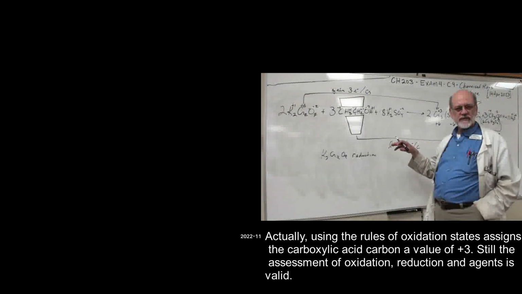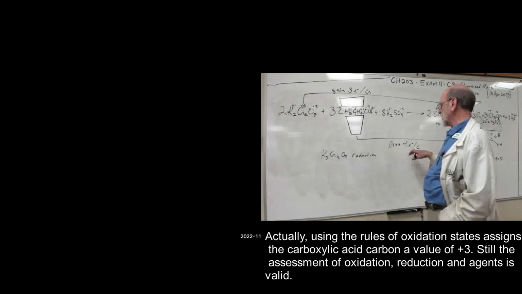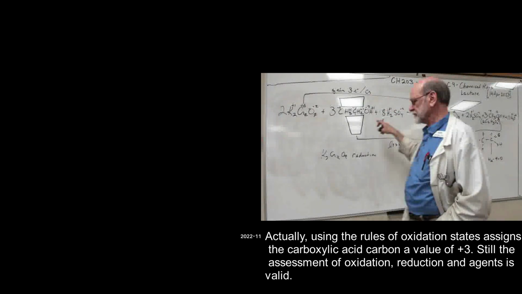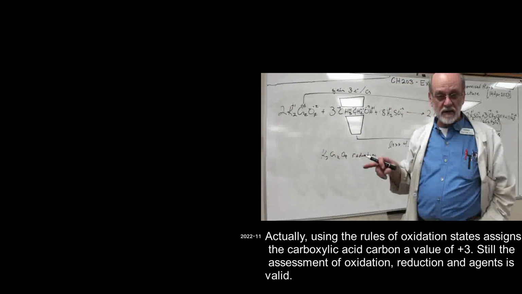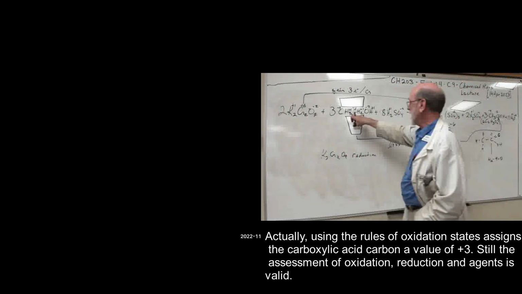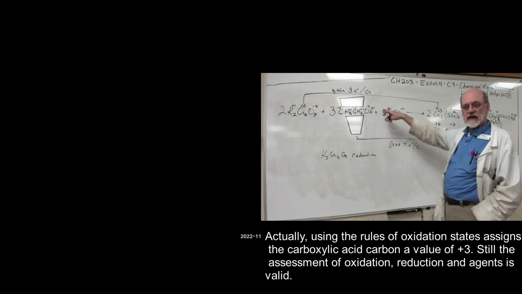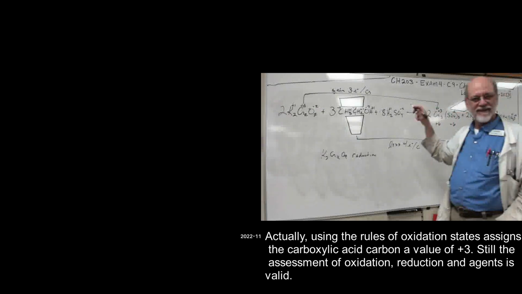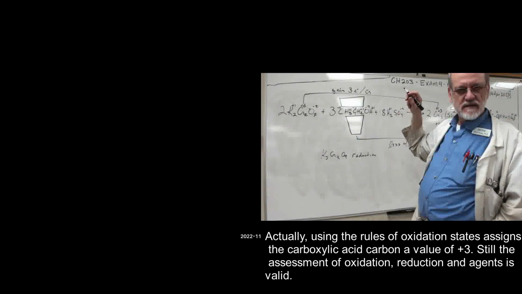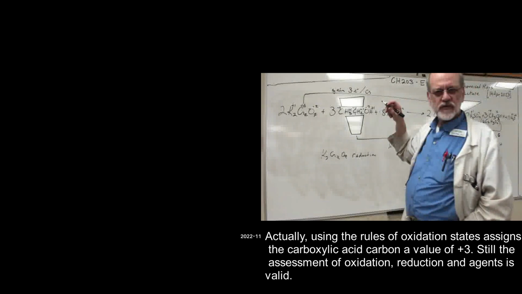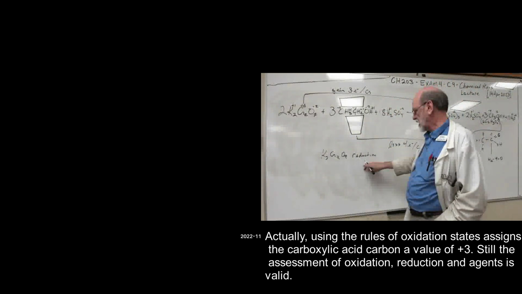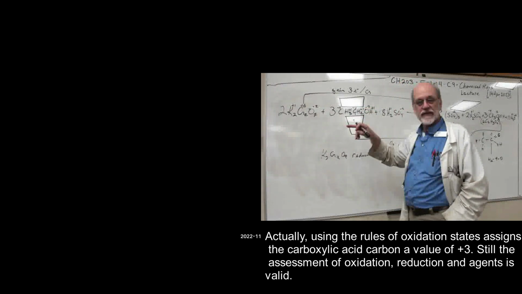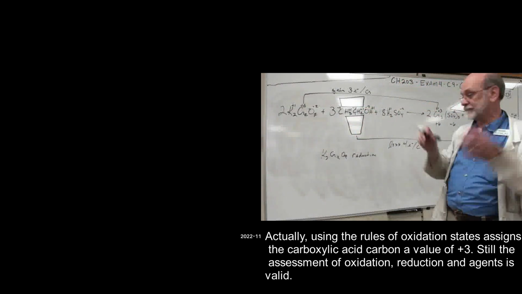In this reaction, chromium 6+ is undergoing reduction to Cr3+, while ethanol is undergoing oxidation to acetic acid. And K2Cr2O7 is the oxidizing agent, because it's reduced, and the reducing agent is ethanol. Okay?